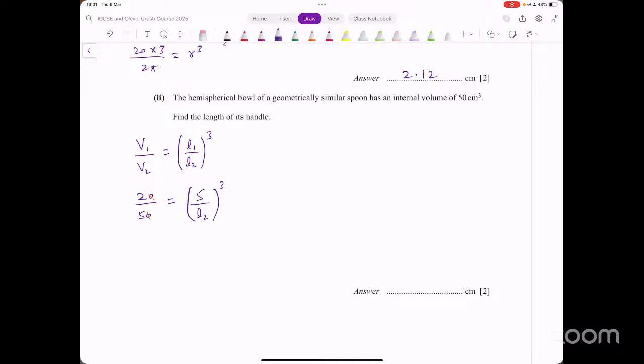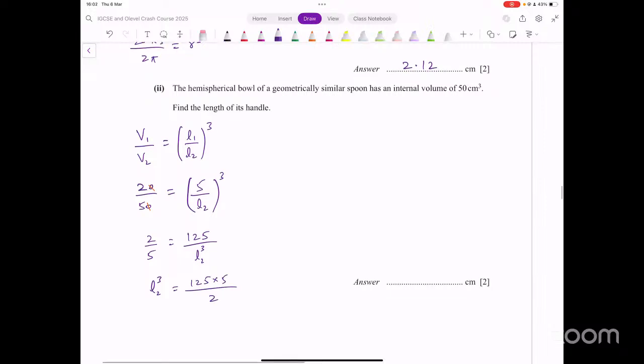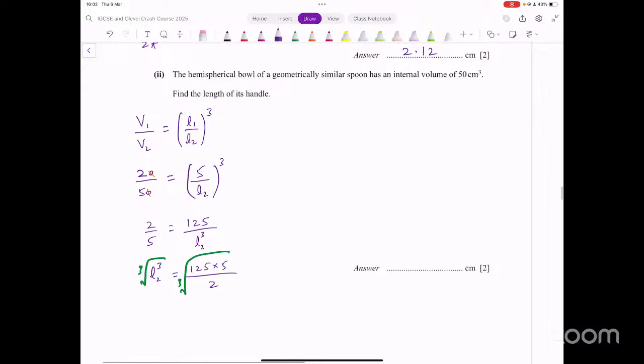On the right side, 5 cube is 125, that divided by L2 cube. Okay, let's cross multiply. L cube equals 125 times 5 divided by 2. And then just take cube root of that on both sides. That will give you that length that we are looking for.